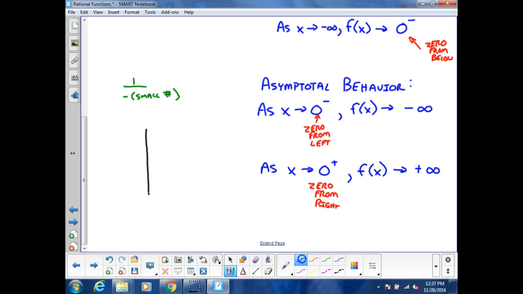But basically what's happening here is you've got a vertical asymptote there, and your function is here and here. So we basically graphed it, but we'll get into the steps on how to graph it later on. Okay?